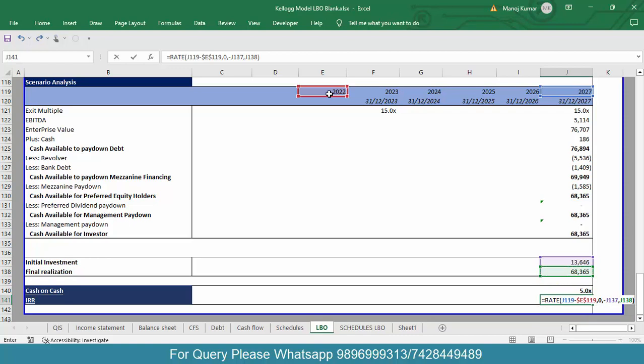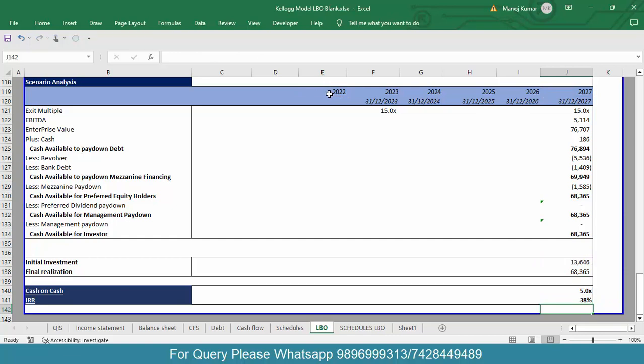Now how much IRR are we going to get after 5 years if we acquire this company with the assumptions we have taken above? That will be 38%.